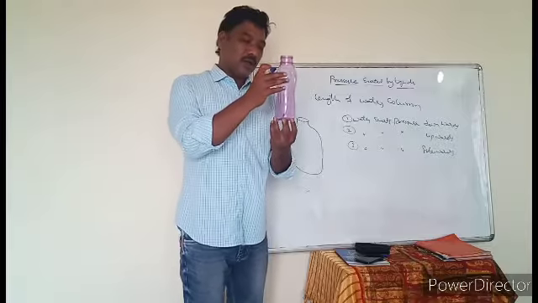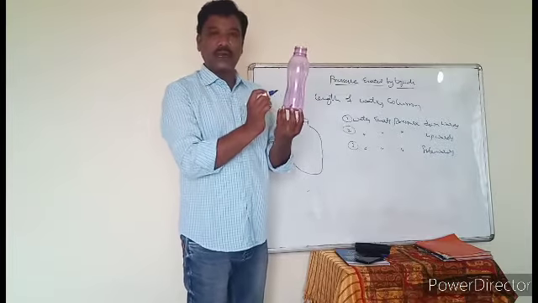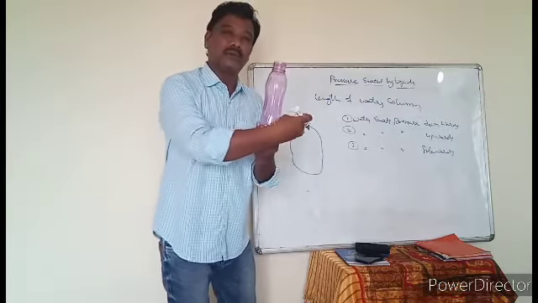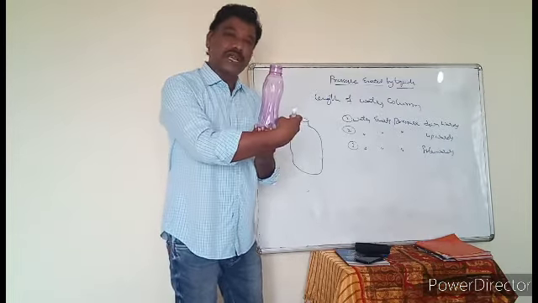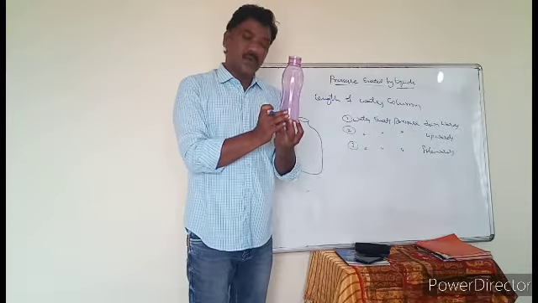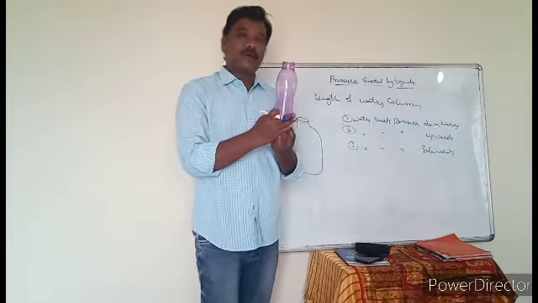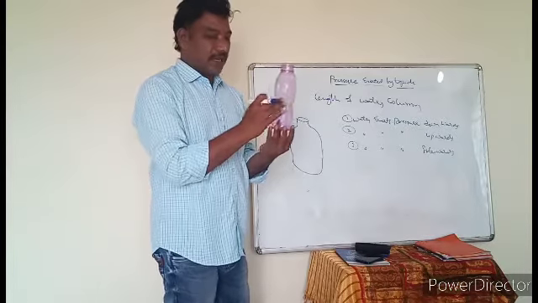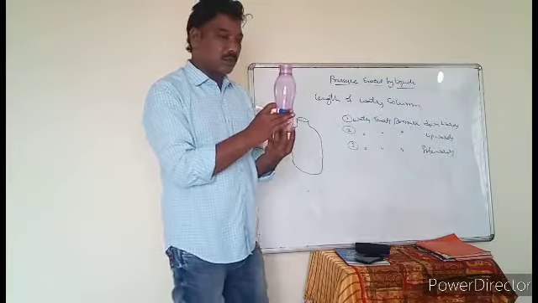After making holes in this water bottle, first close these holes with tape, or with any double-sided tape. First you make the holes, and after that you close them.